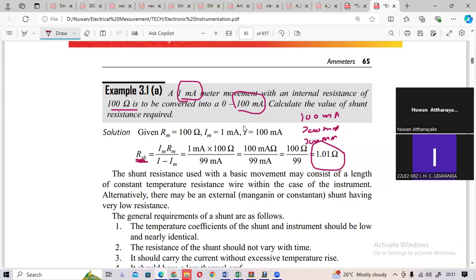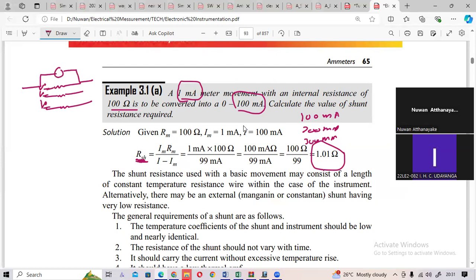So if you have this multi-range, what you can simply do is connect this kind of parallel resistors. But these resistors you can't always keep connected with the ammeter, so you have to use a switch here, maybe like this.